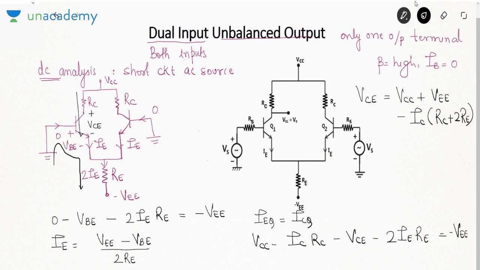So once I have this VCE, I can say that the Q point of both transistors is identical, (IC, VCE). So that is how we perform DC analysis on any kind of amplifier.